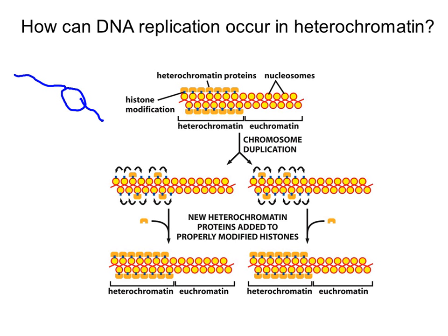Now, the key to this modification story is that in the N-terminal tail, there are amino acid residues that can be acetylated, methylated, or phosphorylated by enzymes, right?